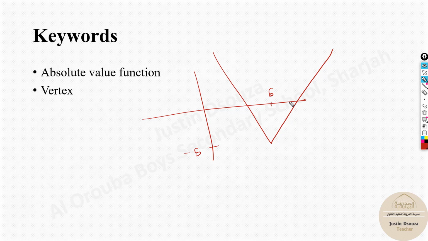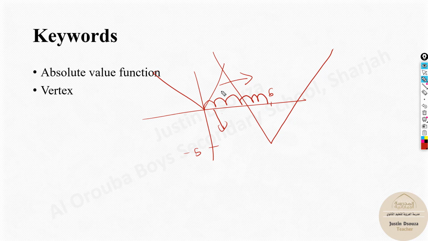Here you can see there is a change in the absolute value function. Generally the parent function will always be at the center, 0 0. What has happened here? It has moved to the right by 6 units. So the translation is 6 units to the right and 5 units down.